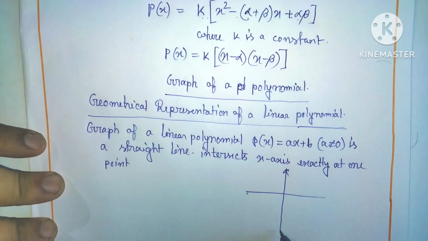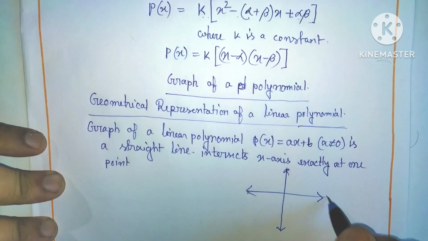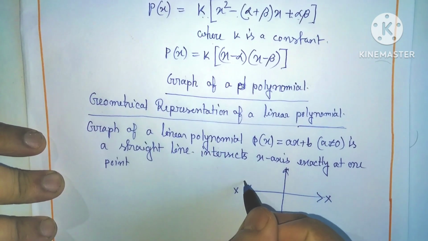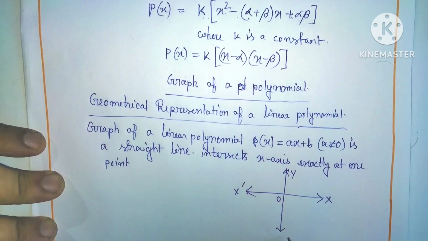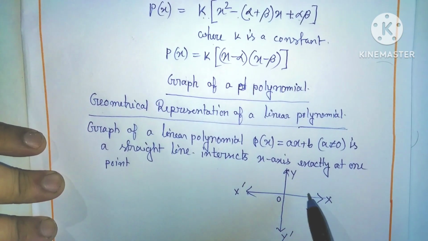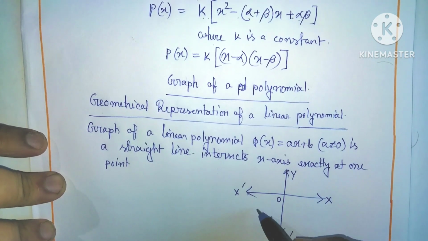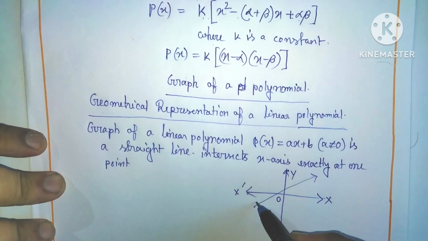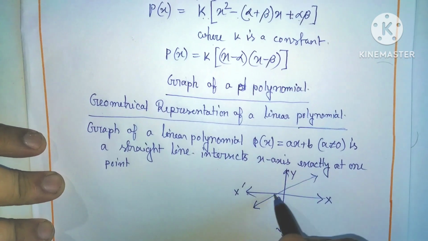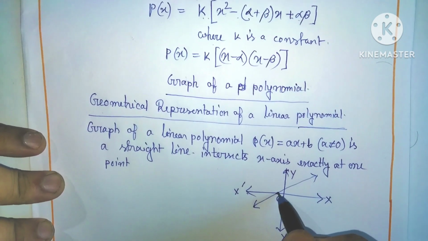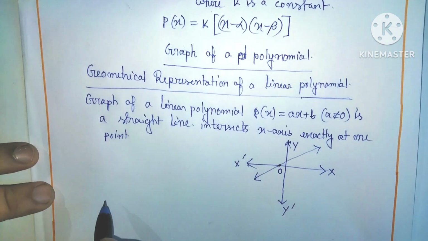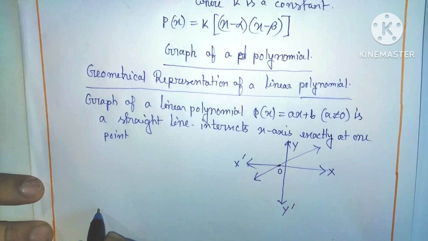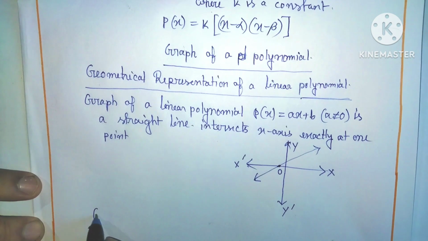This is a graph, x dash, again above y, below y dash. So here this graph intersects the x-axis at only one point, so it has one zero.